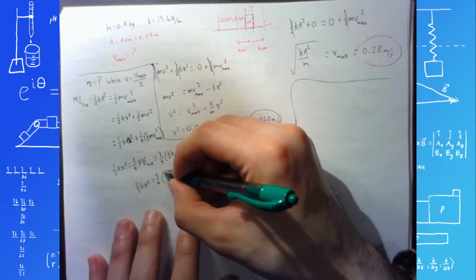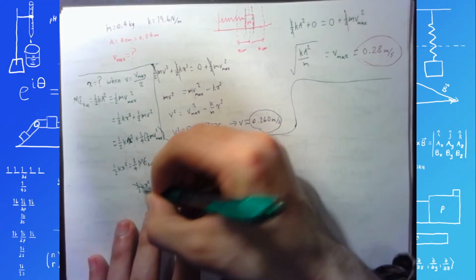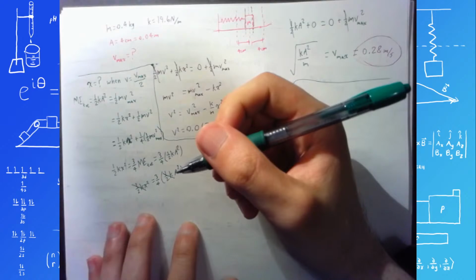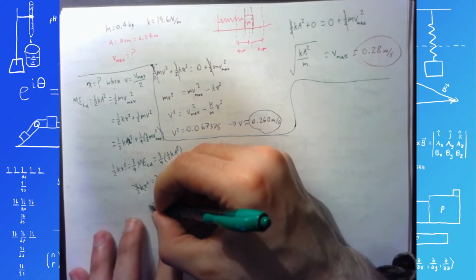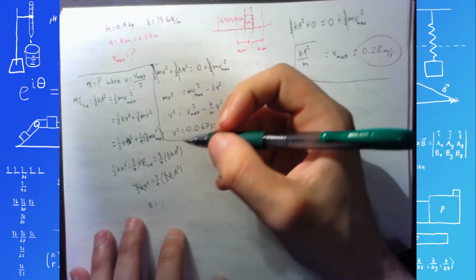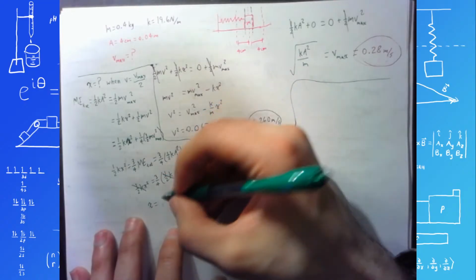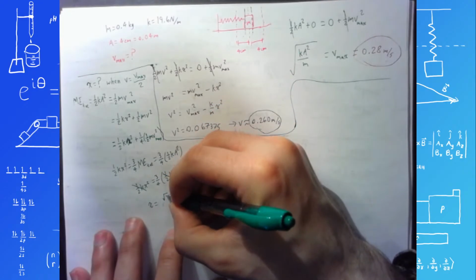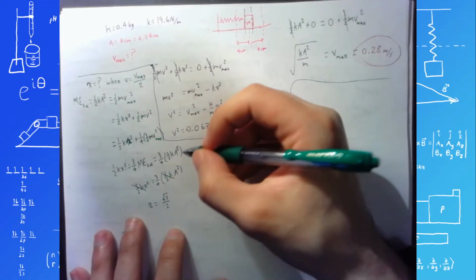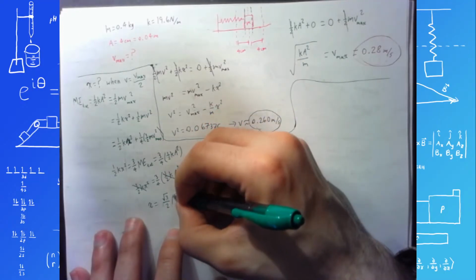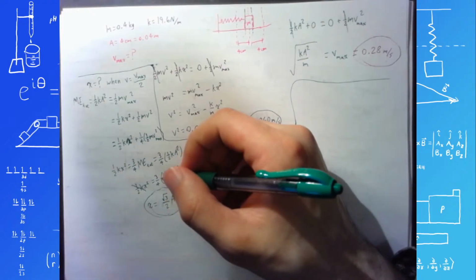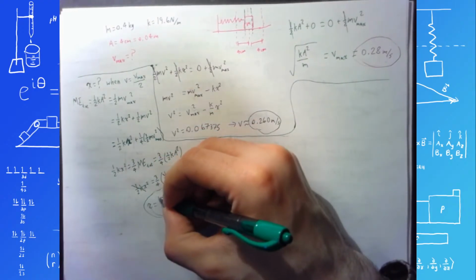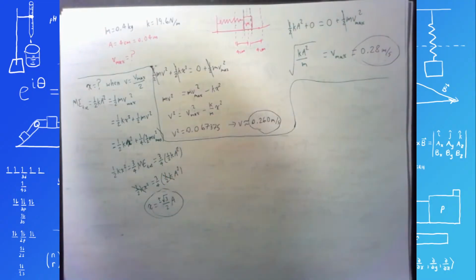The 1/2 k and the 1/2 k cancel out. So we're left with 3a squared over 4 equals x squared. So x equals the square root of that. That's square root of 3 over square root of 4, which is 2, times square root of a squared, which is a. So there you go. At x equals, I guess I would also put plus or minus, right? Because it can be in either direction.